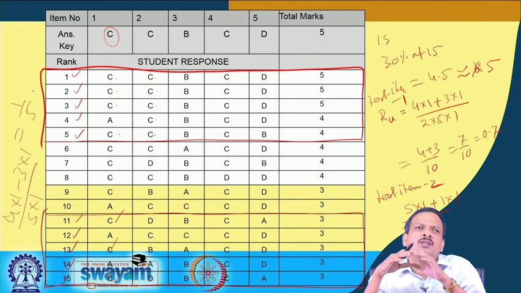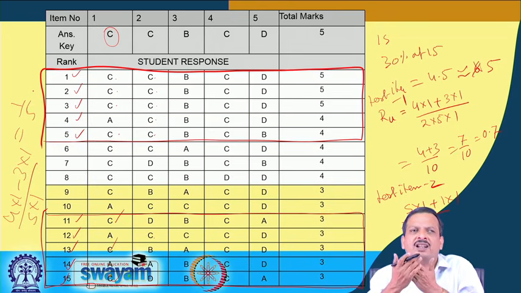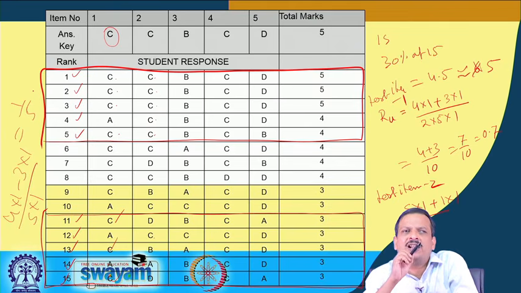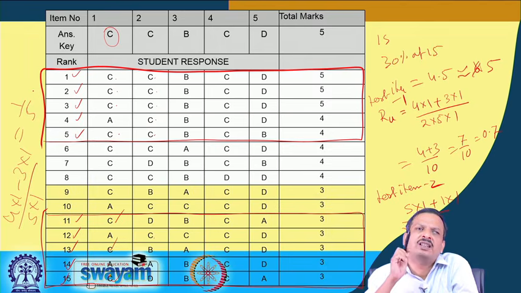Suppose I collect data from all the institutes of India for a course on thermodynamics, and all kinds of test items given by the many institutes, and I calculate the average value of that facilitation value and discriminative index. That may be applicable everywhere. But for your class, it is your duty to calculate, and when you design the question paper for the next year, then you know what kind of facilitation value and discriminative index you want.